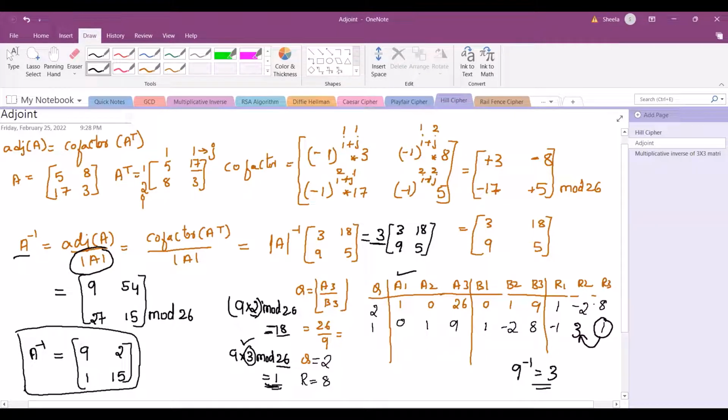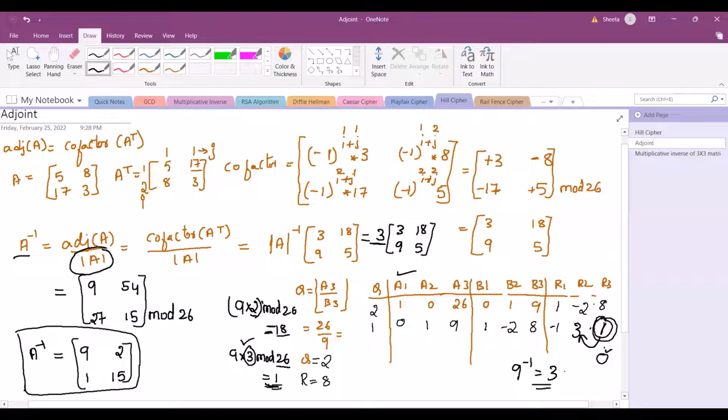In the extended Euclidean algorithm, we can easily find out. If instead of getting remainder 1, the least remainder we get is 0, we can tell that the matrix A cannot have an inverse.